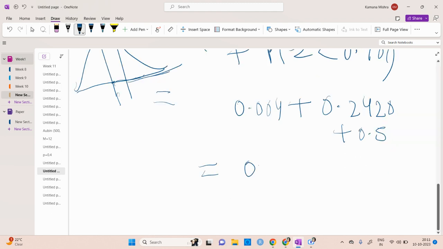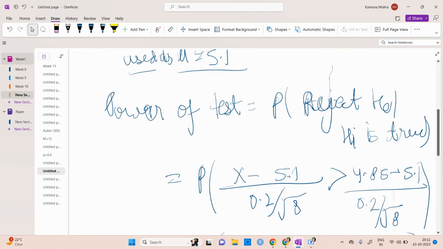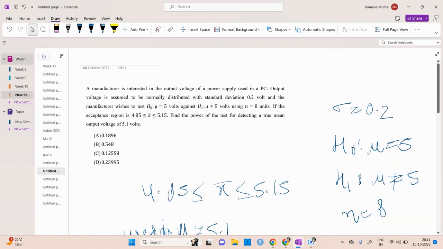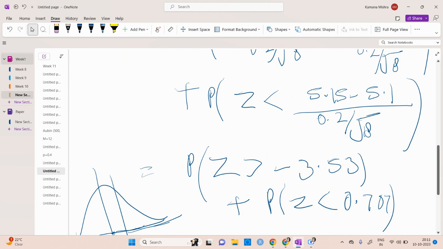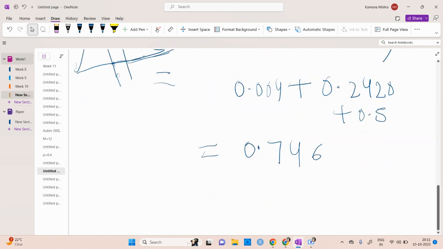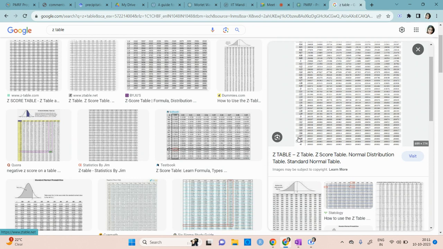So the answer will be 0.746, something like that. This is not given, I must have done something wrong. Just a minute.